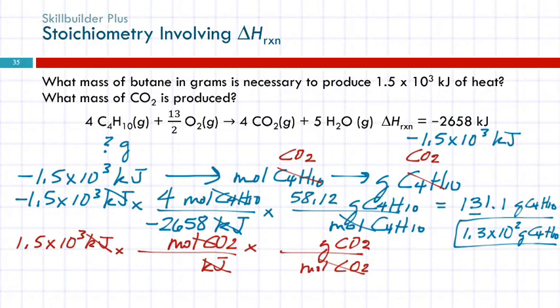So for every 4 moles of CO2, there's an energy change of 2658. So 4 moles and 2658. And then here I need the molar mass of CO2. So 1.5 EE3 times 4 divided by 2658 times 44.01.